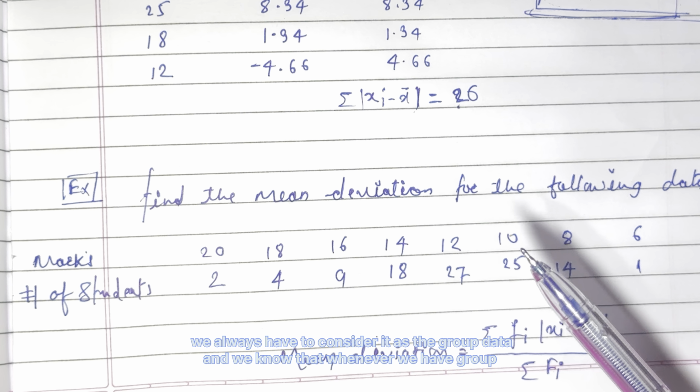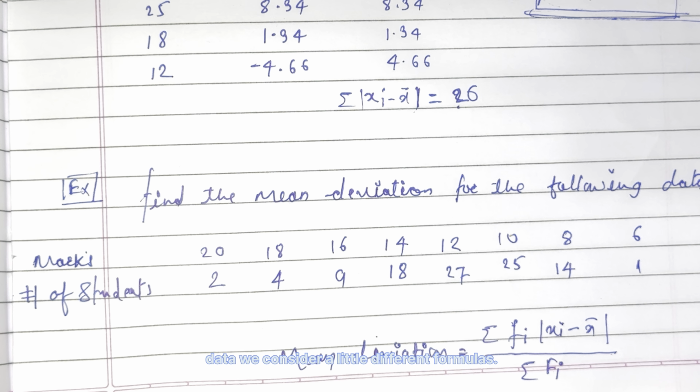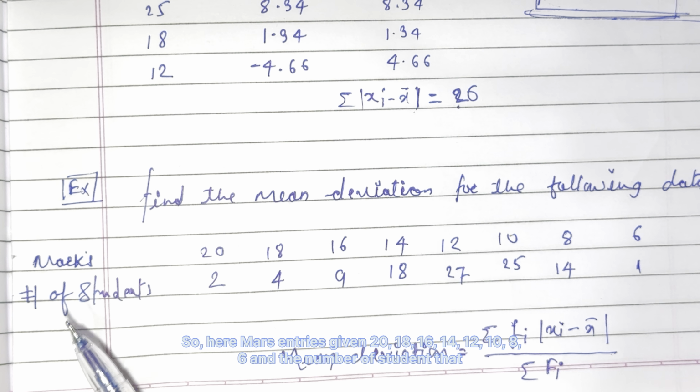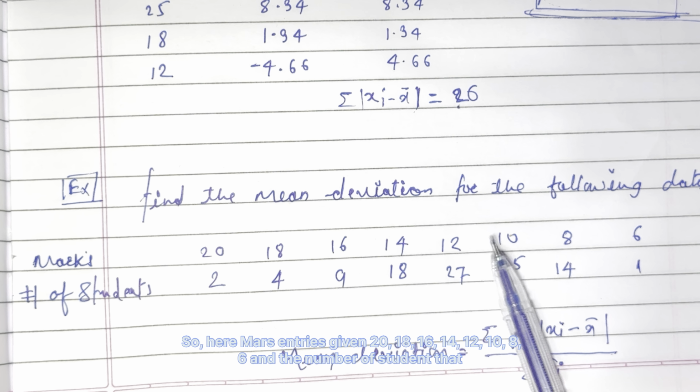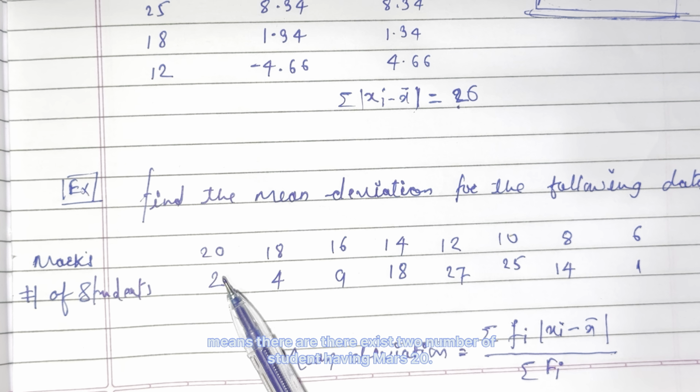And we know that whenever we have grouped data, we consider slightly different formulas. So here the marks entries given are 20, 18, 16, 14, 12, 10, 8, 6 and the number of students. That means there are 2 students having marks 20.